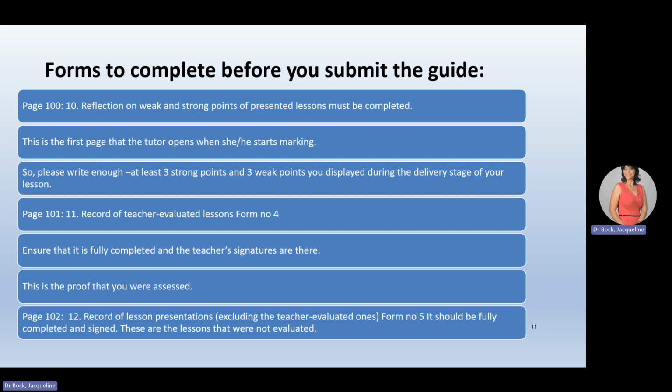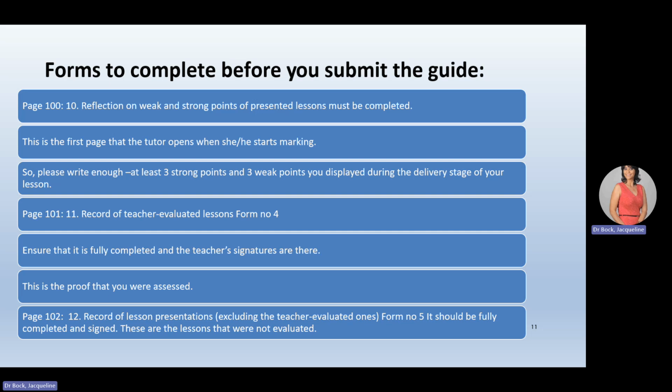So please do reflect adequately on your strong and your weak points. Please state at least 3 strong points and 3 weak points, while you were presenting the lesson, or what you experienced.